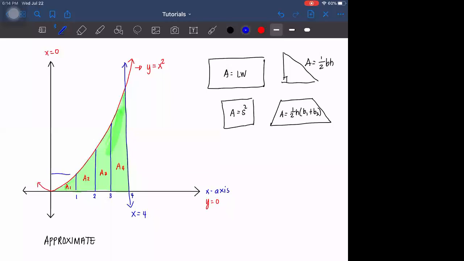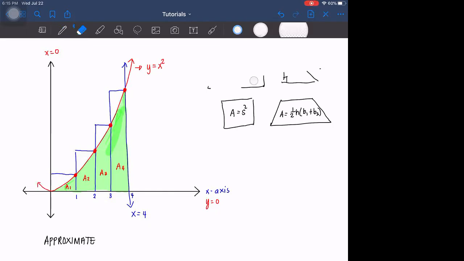Okay? So, rectangle 1, rectangle 2, rectangle 3, and rectangle 4. But take note that the height of each rectangle touches the curve. Okay, so there are four rectangles in all.